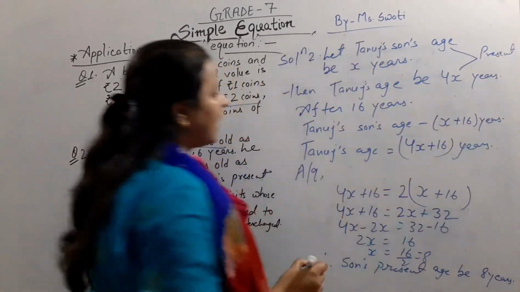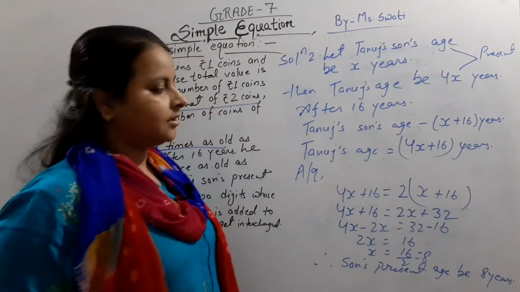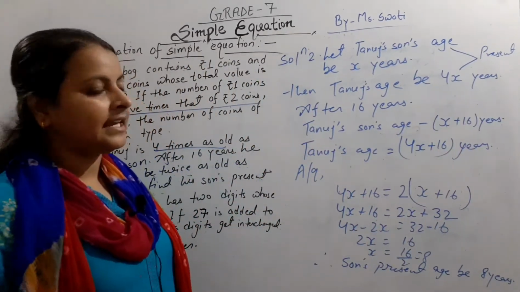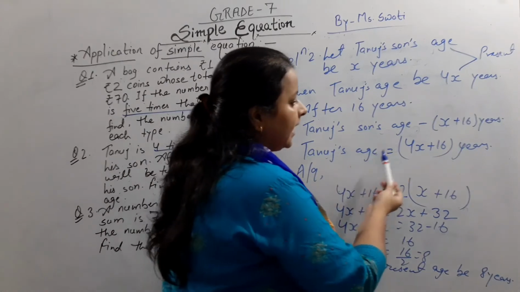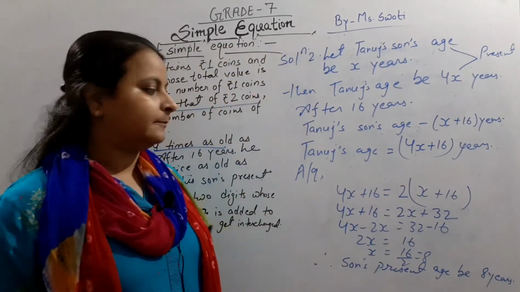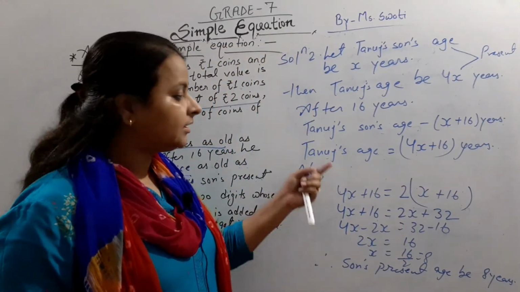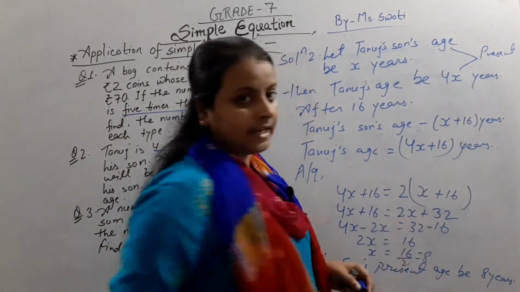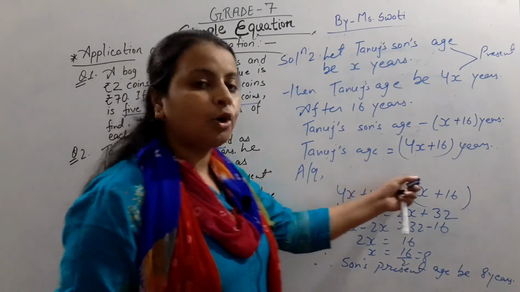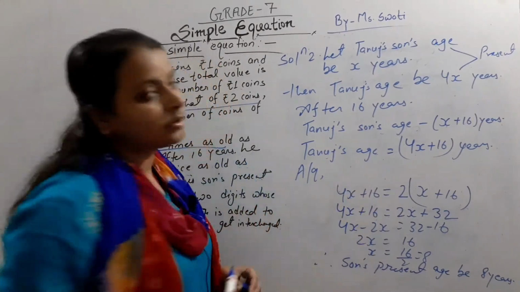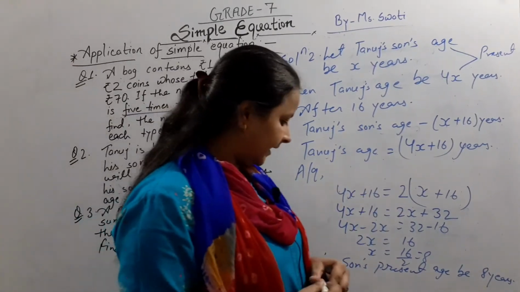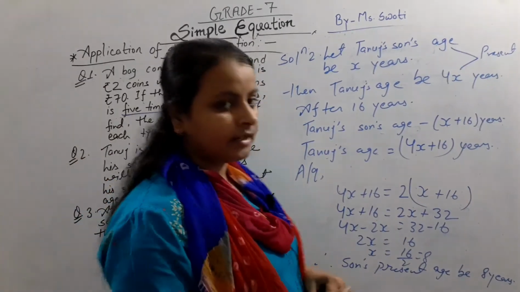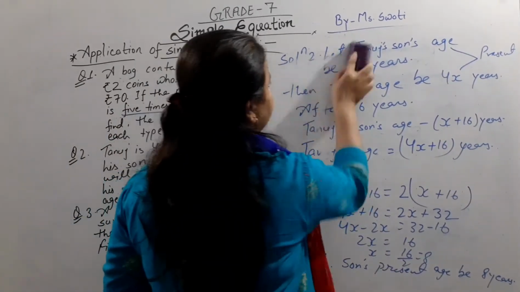Now, after 16 years, Tanuj's son's age is x plus 16, we add 16 to the present age, and Tanuj's age is 4x plus 16. Now, according to the question, Tanuj is twice as old as his son after 16 years. So, we solve the equation and get that the son's present age is 8 years. Okay? Now, we move to our third question.